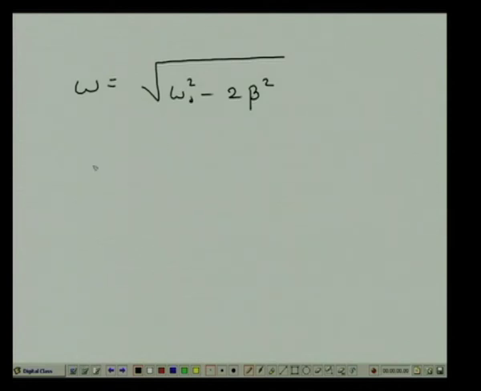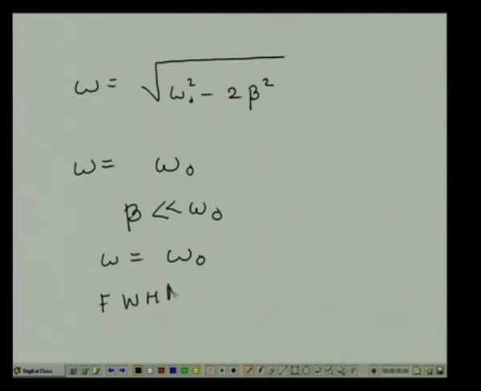The average power is governed by a Lorentzian, which has a peak at omega equal to omega naught, the natural frequency of the oscillator, and in both cases, in the weak damping regime, the peak occurs at omega approximately equal to omega naught, and the peak has a full width at half maxima, FWHM, approximately equal to 2 beta in the weak damping regime.